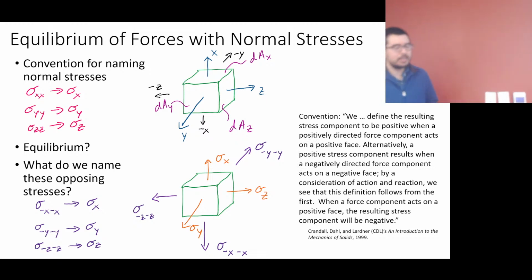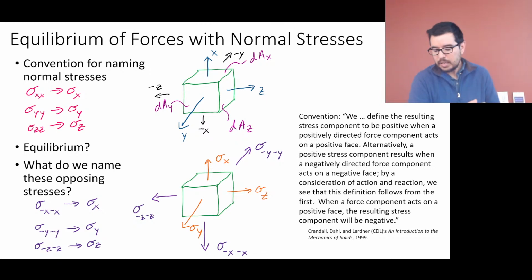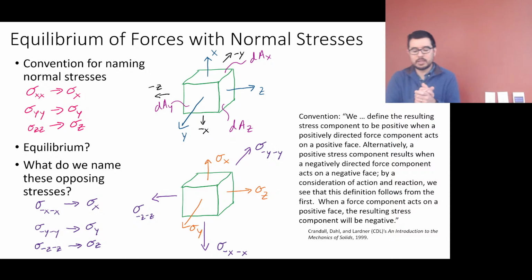So here's a convention. We define the resulting stress component to be positive when a positively directed force component acts on a positive face. Alternatively, a positive stress component results when a negatively directed force component acts on a negative face. By a consideration of action and reaction, we see that the definition follows from the first.